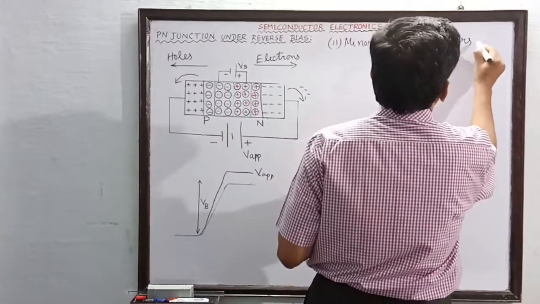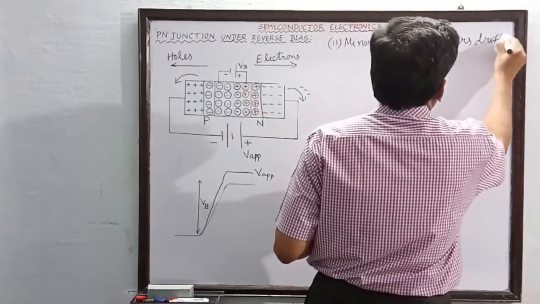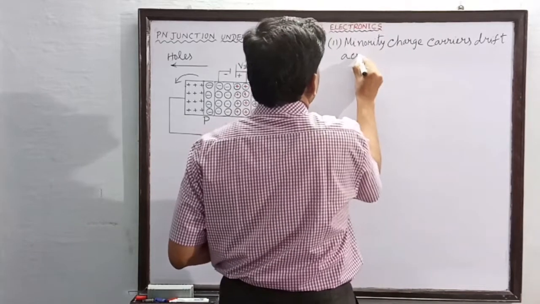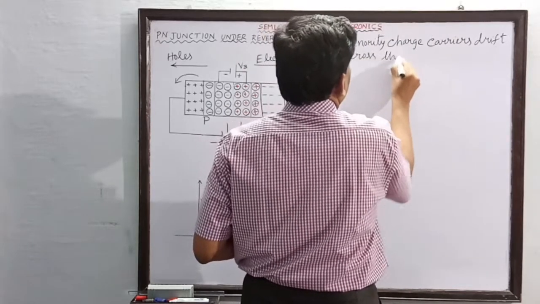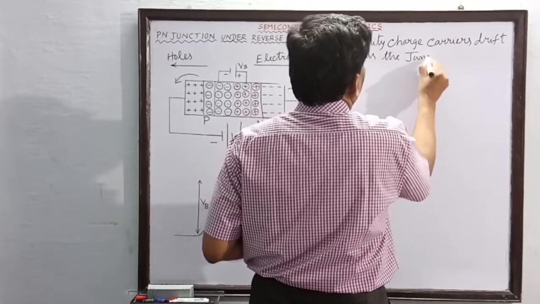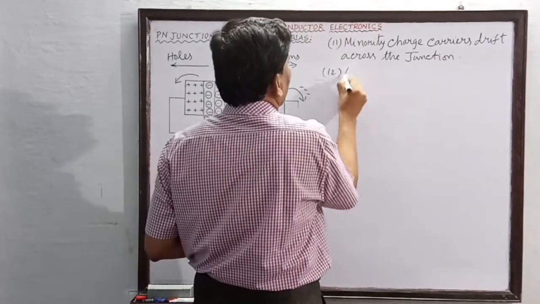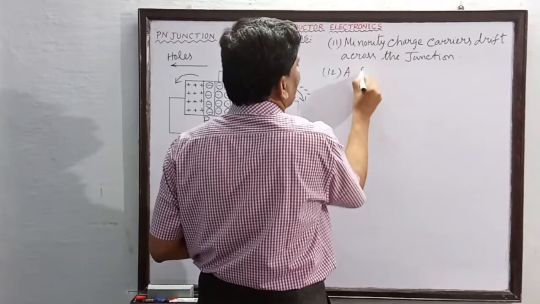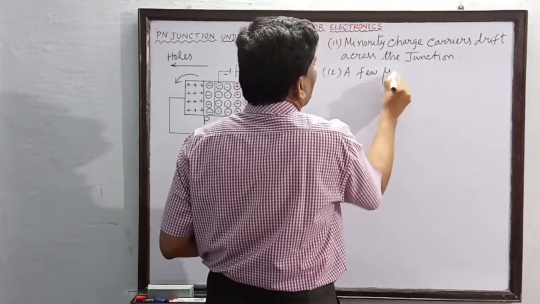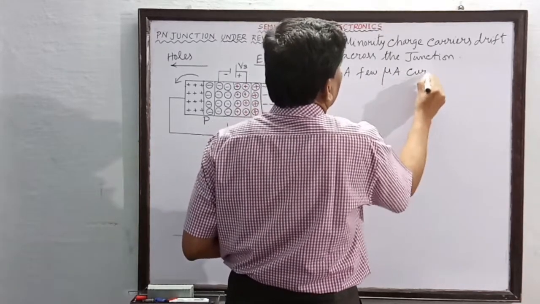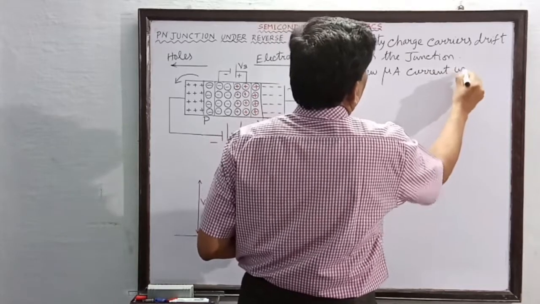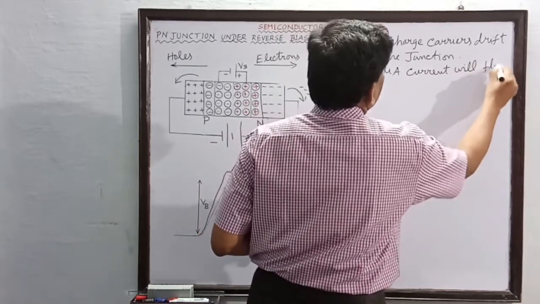So the minority charge carriers drift across the junction. As a result, a very low current, a few microampere current, will flow.